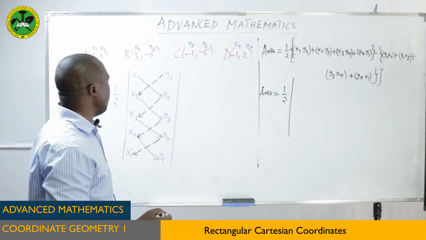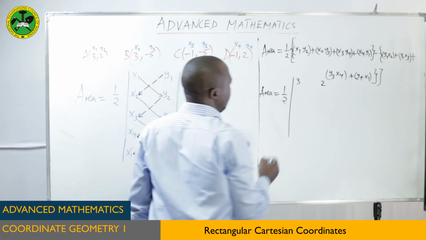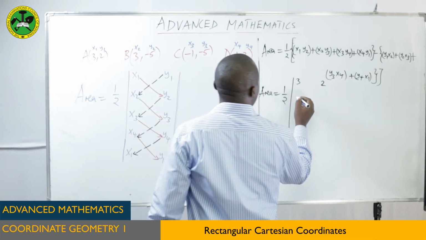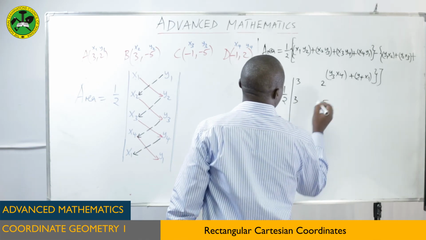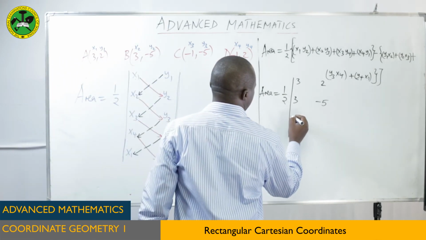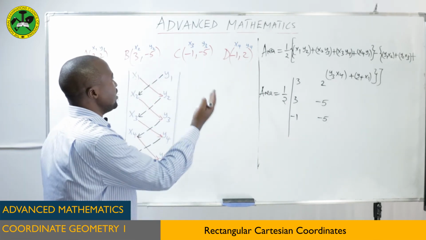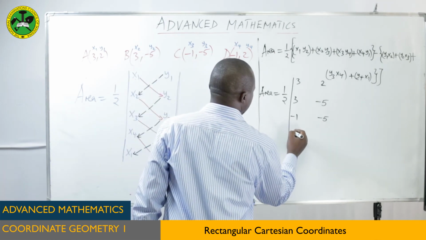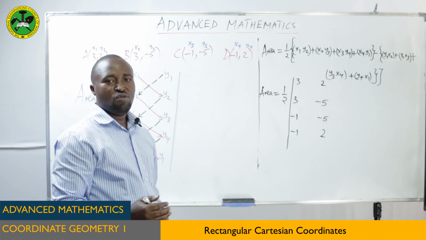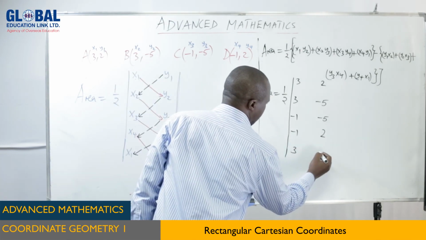The determinant of, we have 3 and 2, followed by 3 and negative 5. Then we have negative 1, negative 5. And then negative 1 and 2. But remember, we repeat the first coordinate, that is 3 and 2.